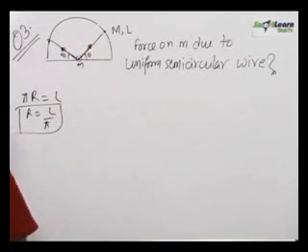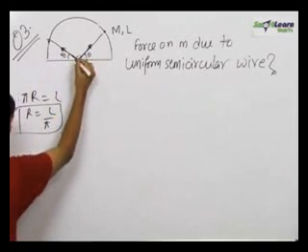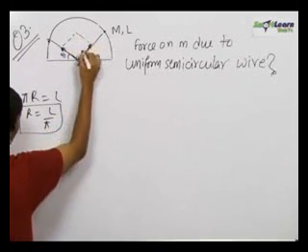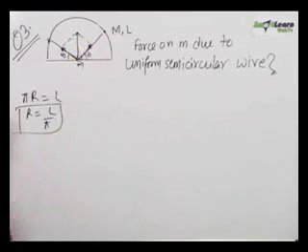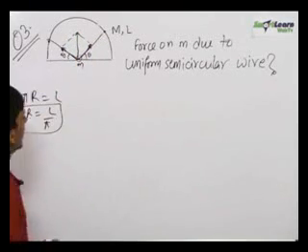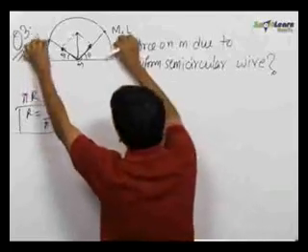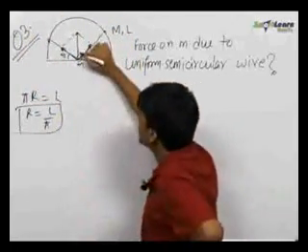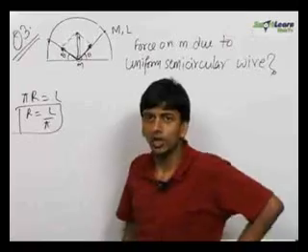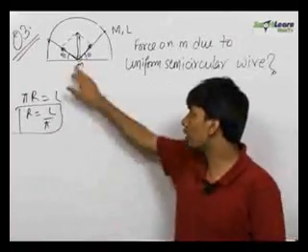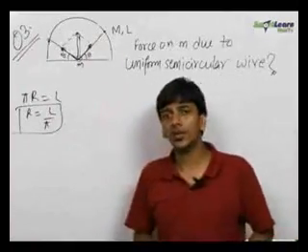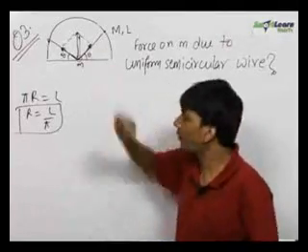These two forces being symmetrical, by symmetry we can say that the resultant lies vertically upwards. Now similarly, for each pair of small particles, the resultant will come in the vertical direction. So the final resultant force acting on the small mass m due to the uniform semicircular wire comes in the vertically upward direction.